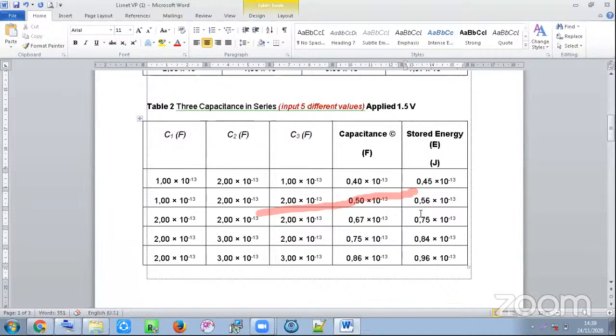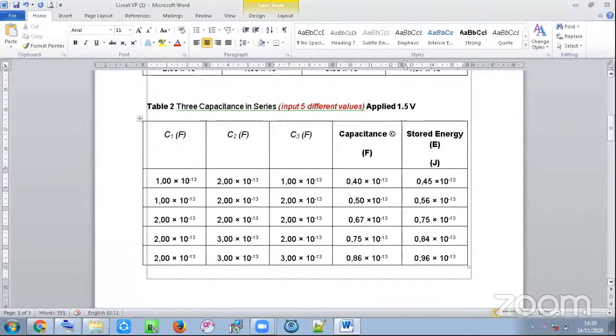And the last is row 6. C1 is 2.0 times 10 to the power of minus 13, C2 is 3.0 times 10 to the power of minus 13, and C3 is 3.0 times 10 to the power of minus 13.